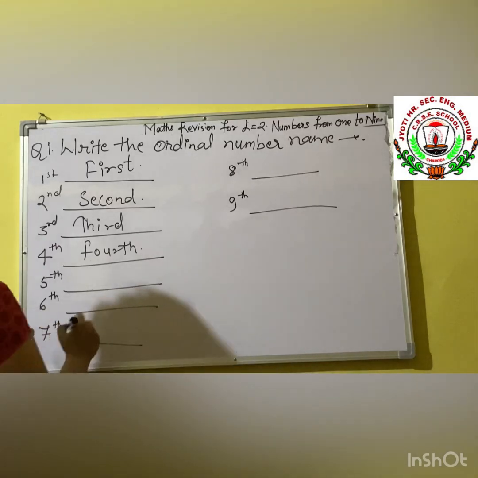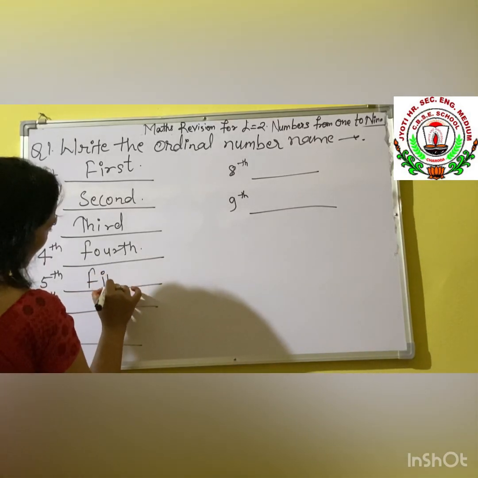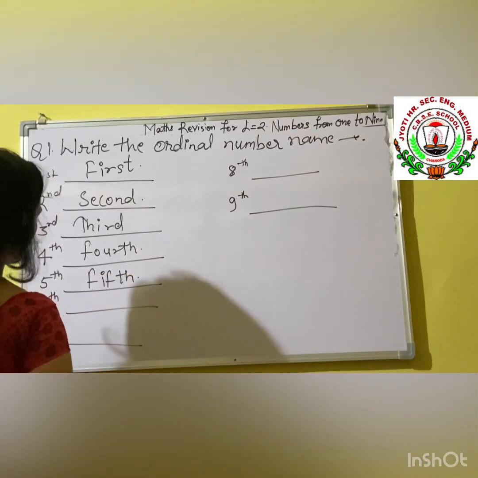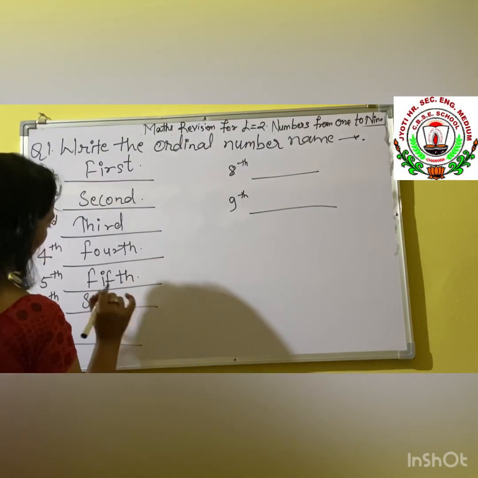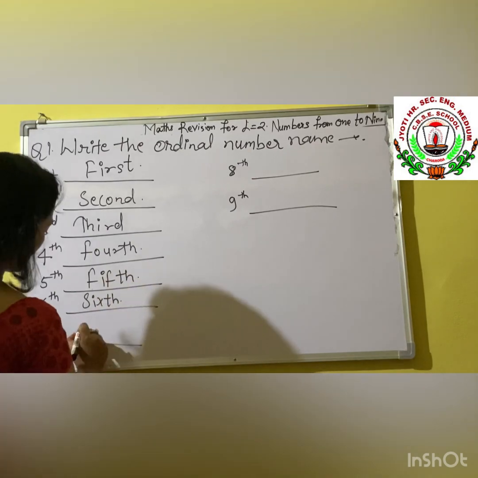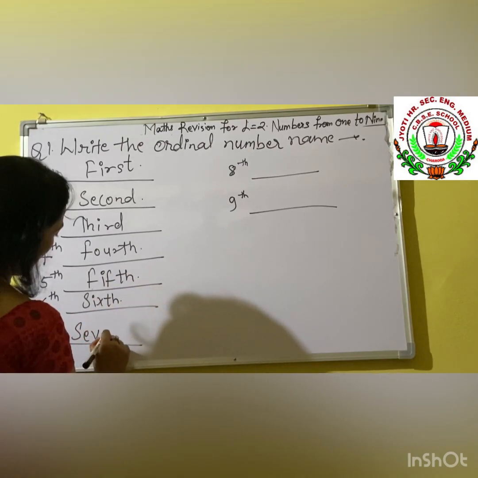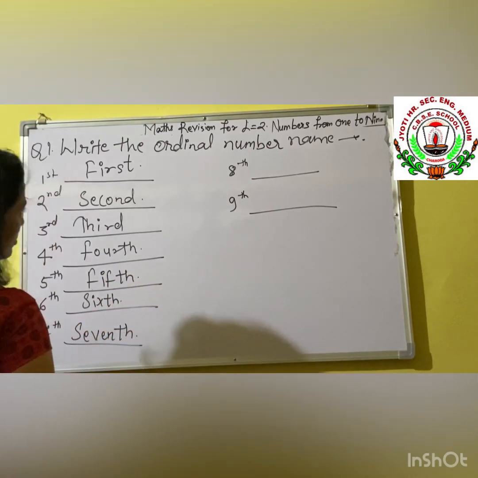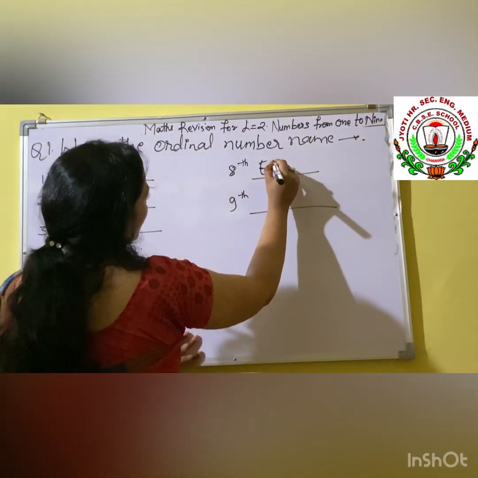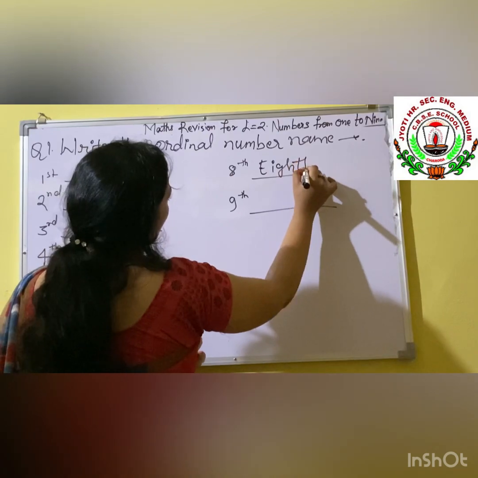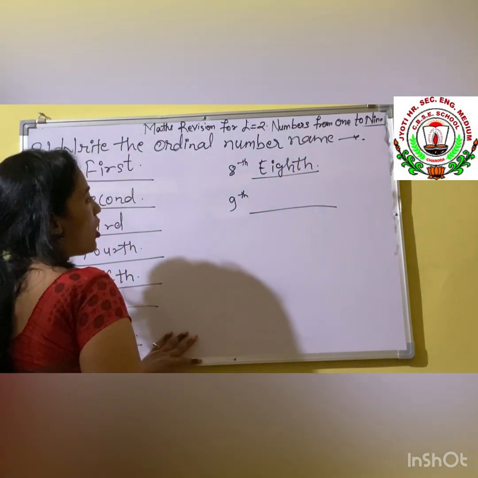The spelling of fifth is F-I-F-T-H. The spelling of sixth is S-I-X-T-H. The spelling of seventh is S-E-V-E-N-T-H. The spelling of eighth is E-I-G-H-T-H.